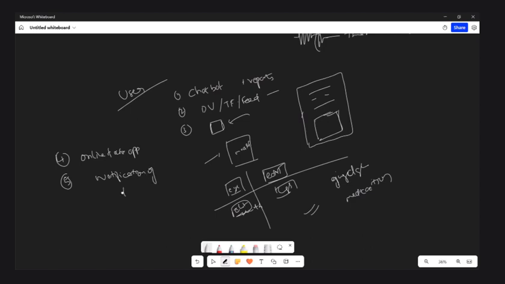If a person gives his email or mobile number, he will get a notification that you must take the medicine right now. Another thing is medicine delivery. I think the main challenge for us will be the online doctor appointment and medicine delivery, as we have to connect to nearby people. I think the rest of the ideas are fine.